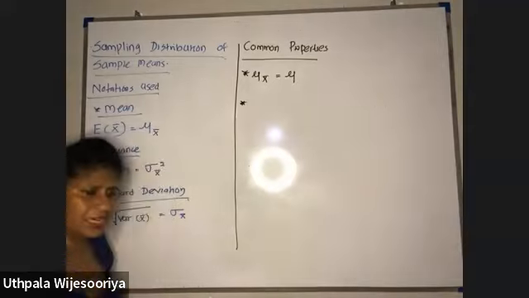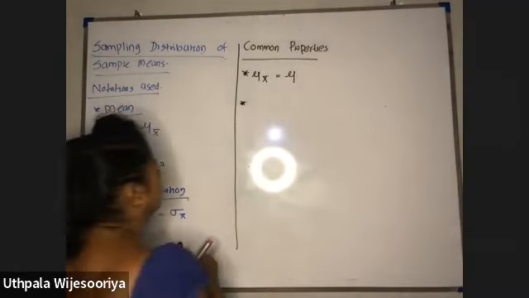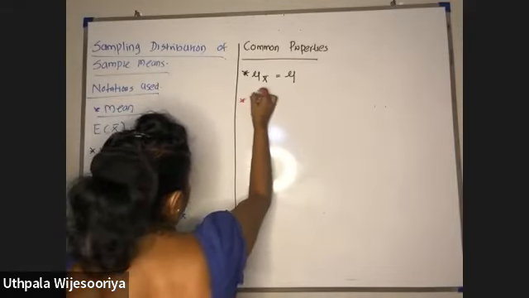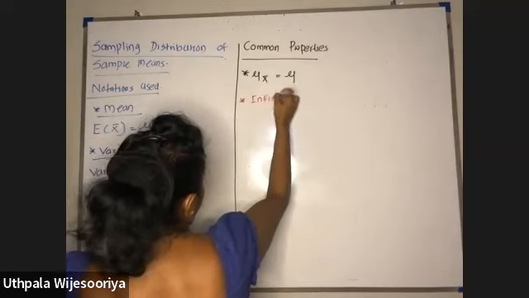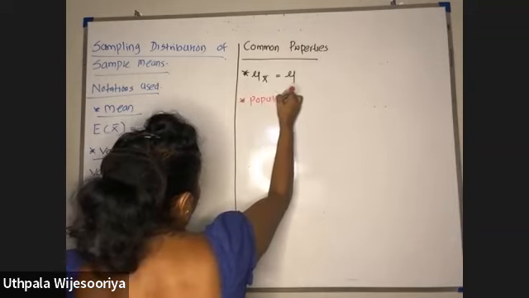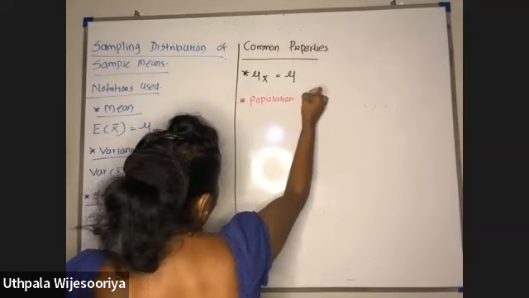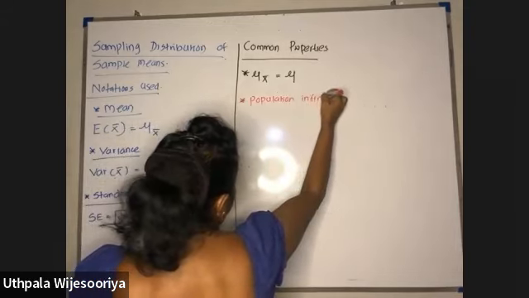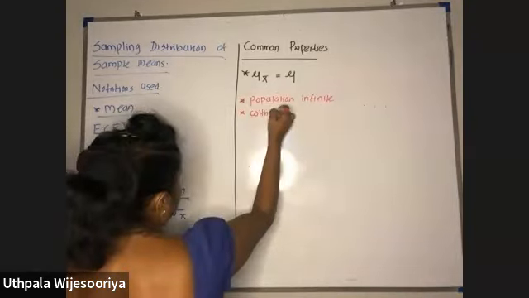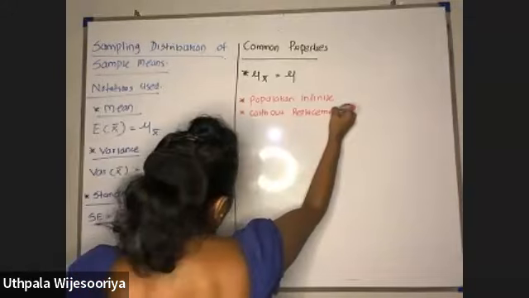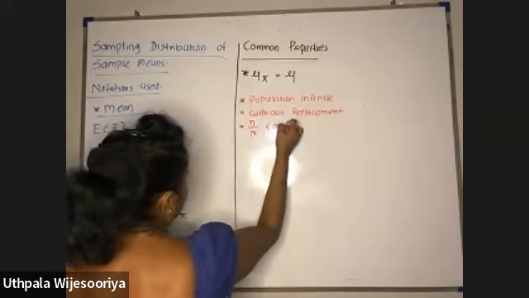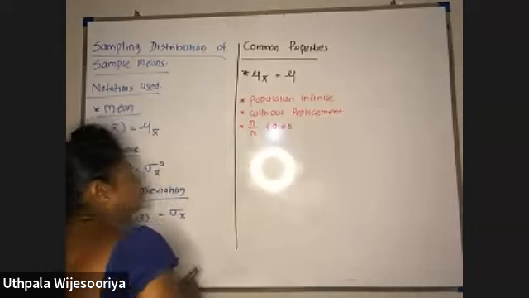Under three conditions. What are the three conditions? When your population is infinite, and sampling without replacement, and your sampling fraction, small n over capital N, is less than 0.05.